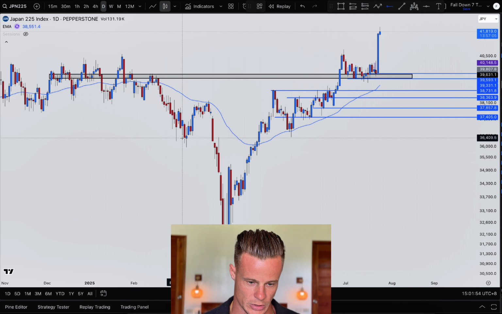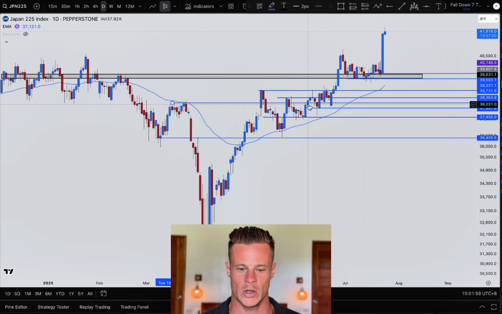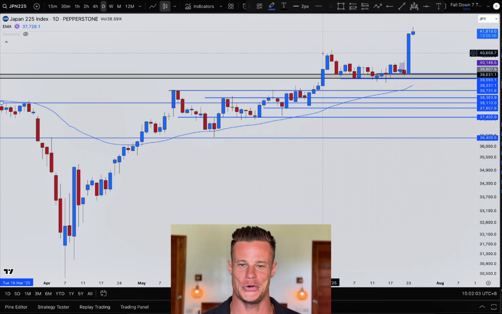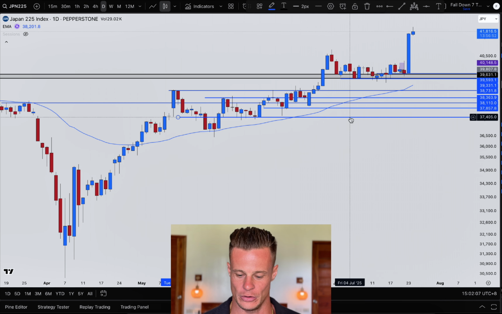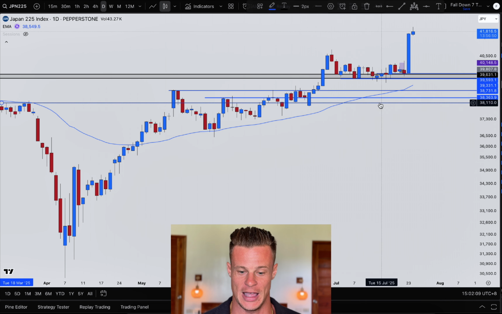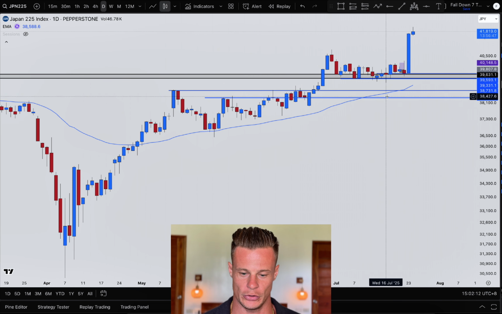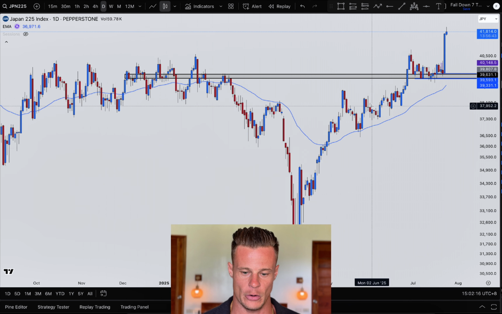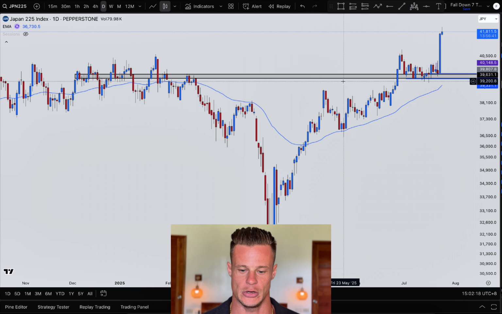Now we have another support here, then we have another resistance here. Look at this. When I draw so many lines on this chart, how the hell do you want to trade this? Honestly. So you want to keep your chart as clean as possible, and the support or resistance as strong as possible as well. So you can see I only have one support on this entire chart.